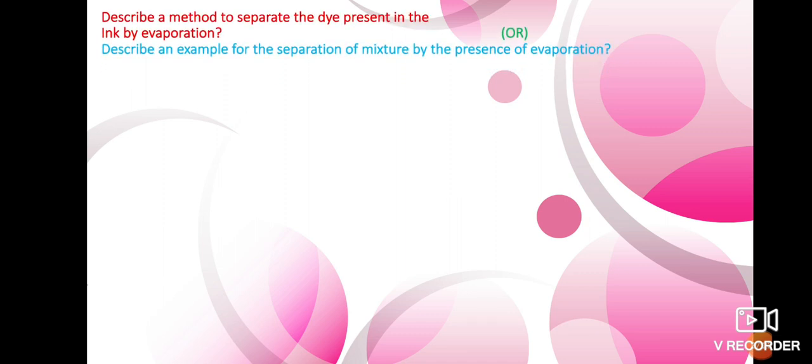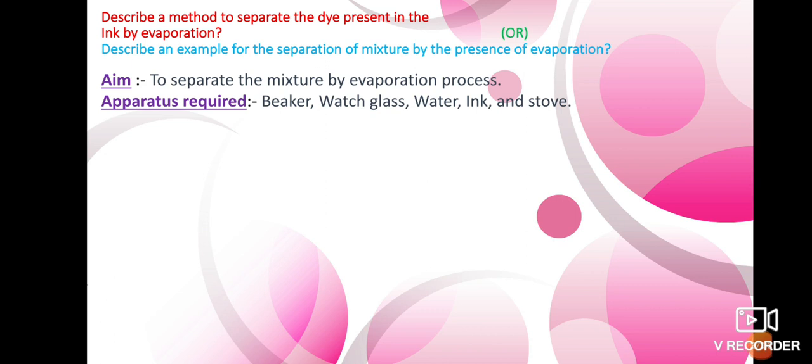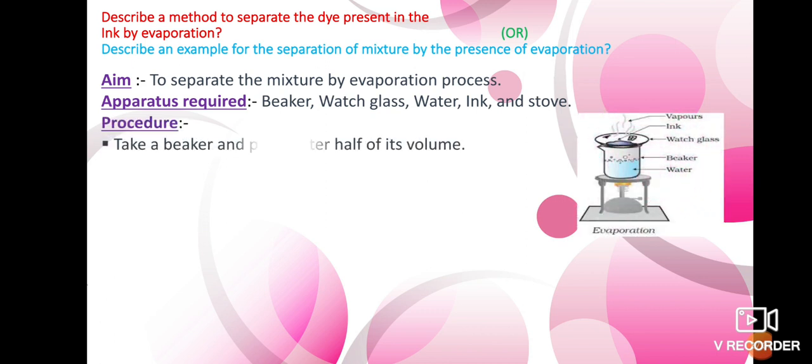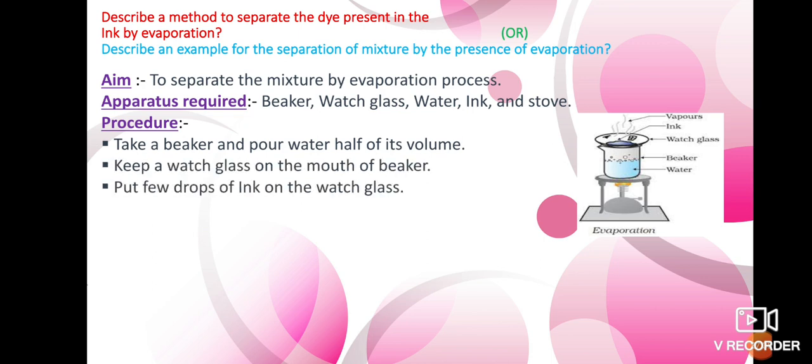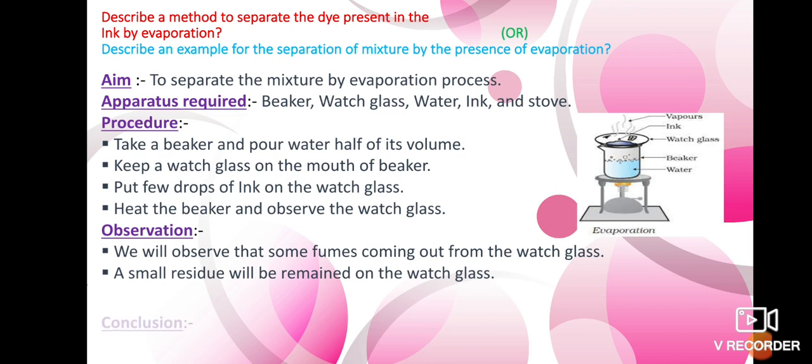Now how to write the experimental procedure of the evaporation process? Let us look at this experimental procedure. See how the experimental procedure has to be written in your exams. In your textbooks also this type of diagram is given.